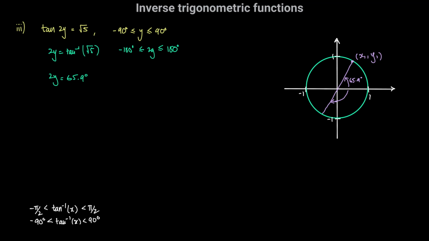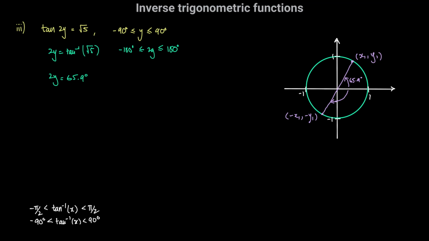So for example, if we take this point on the unit circle, let's say it has coordinates negative x1, negative y1. All I've done is reflect this point across the origin. We know that the ratio of the y and the x coordinate is simply negative y1 over negative x1. That's simply y1 over x1. Again, we know that the tan of theta is positive in the first quadrant and in the third quadrant, right? So we can say that the tan of this angle here is the same as the tan of 65.9.